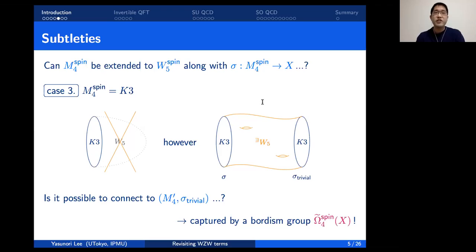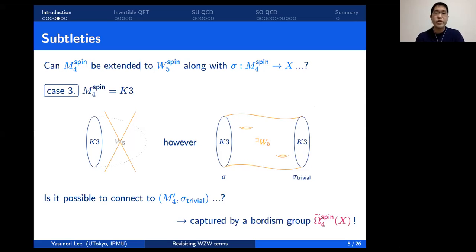So even in this case, the K3 can be connected to another K3 surface by W5 like this. And the Wess-Zumino-Witten term on this W5 is still well-defined, since the difference between two such extensions is still given by a closed spin 5-manifold, as before. But it only determines the relative ratio between two Wess-Zumino-Witten terms for the boundaries.